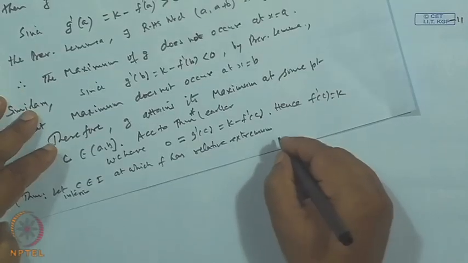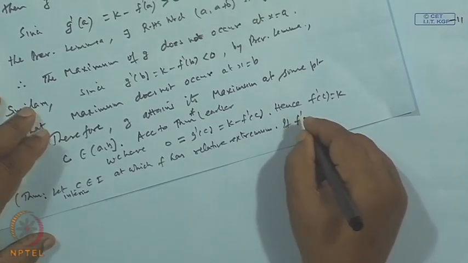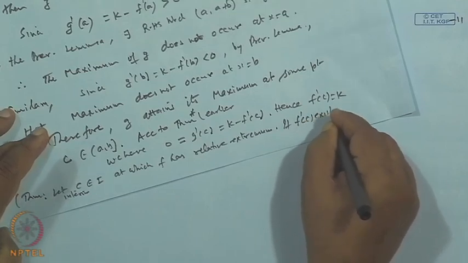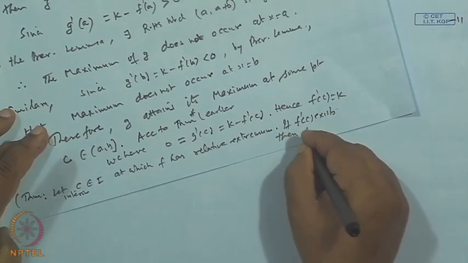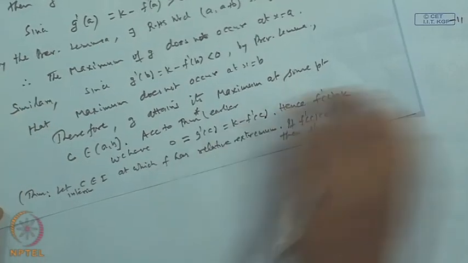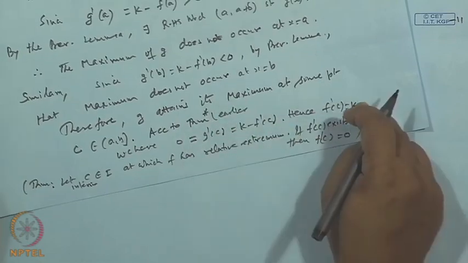Then if the derivative of the function at this point c exists, its value must be 0. This was the result which we have already proved. So, using this result we get this.